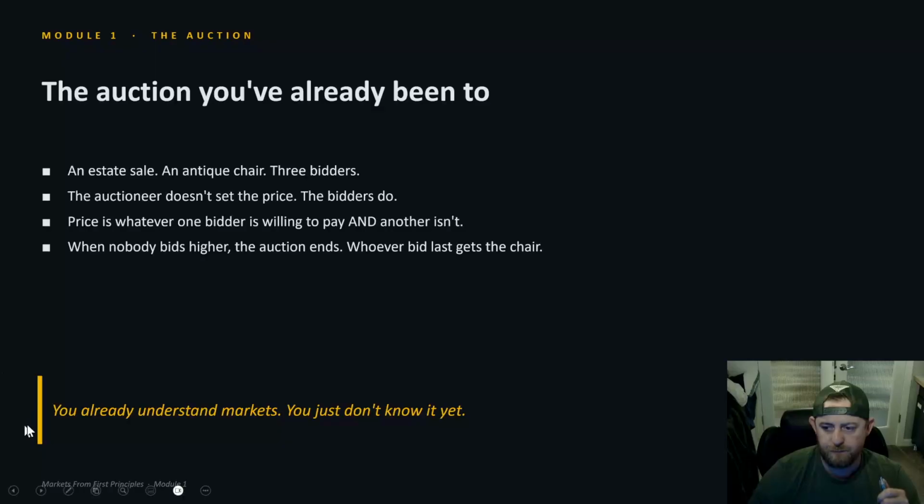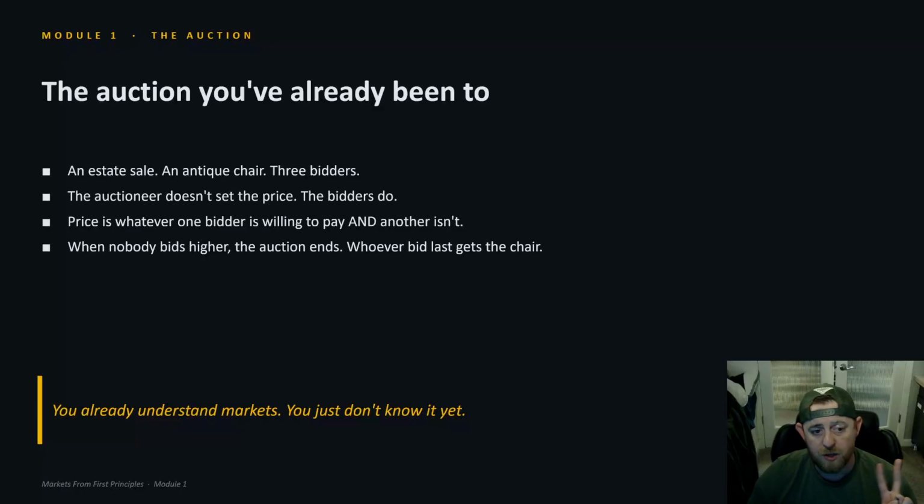So we're going to walk through this. Say the price starts at $100 for this chair. And then you, as bidder one, say, all right, cool, I'll pay 100. And then person two, or person B, says, I'll pay 110. And then person C is like, I actually don't want this chair right now, I'm going to wait for a better price. So they're out.